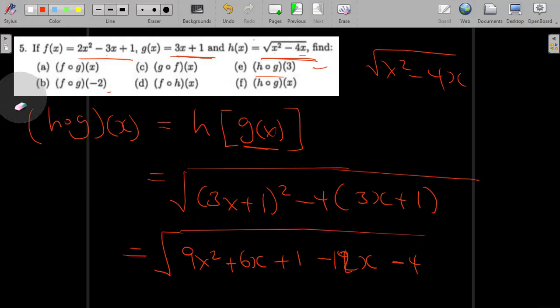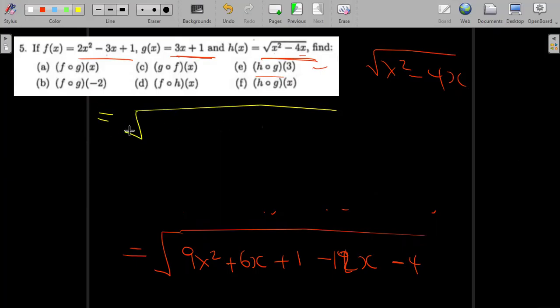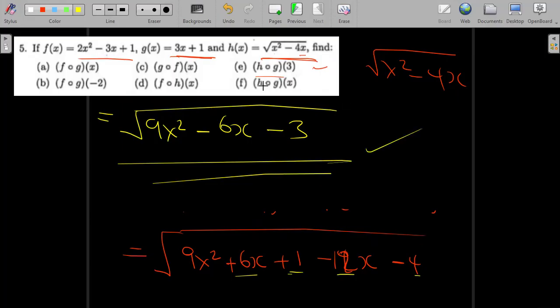Then our value is just going to be equal to 9x squared, subtract these here, you get a negative 6x. You then add your 1 to this negative 4, and that gives you negative 3. And this here becomes your h of g of x. And that's our final answer. And that's all for this video.